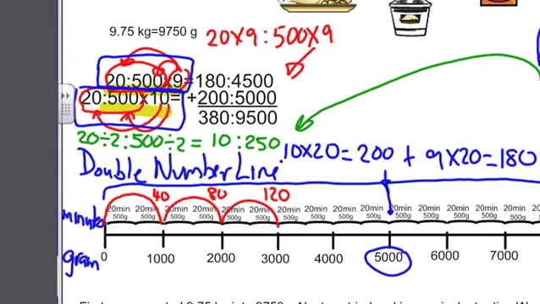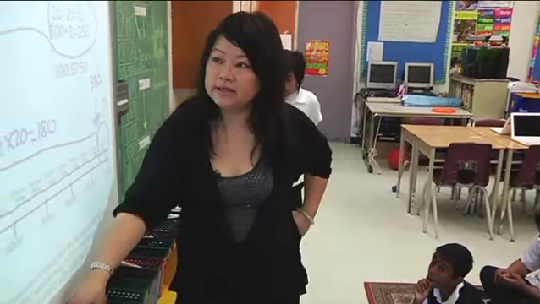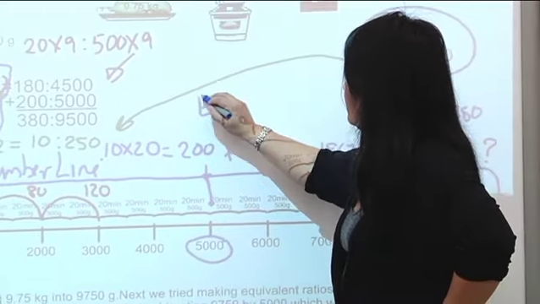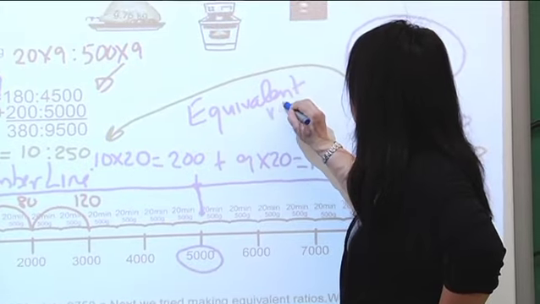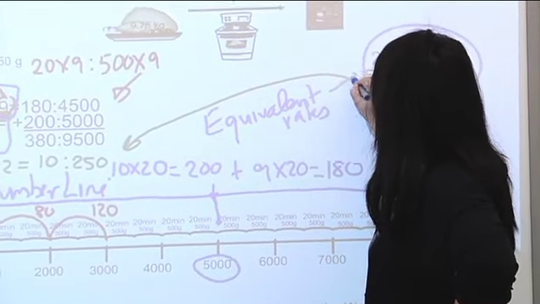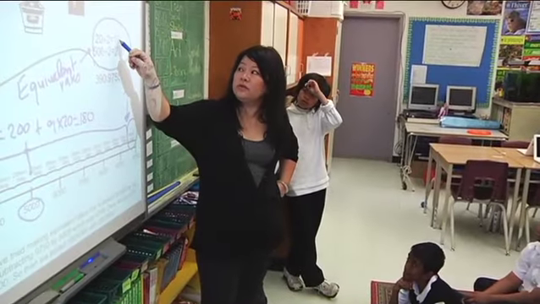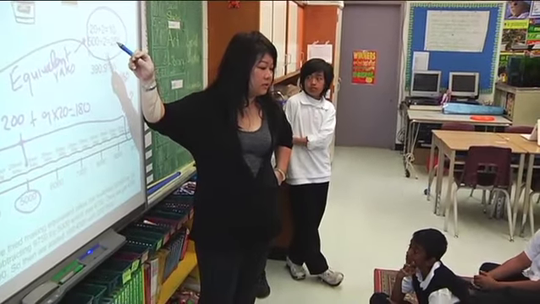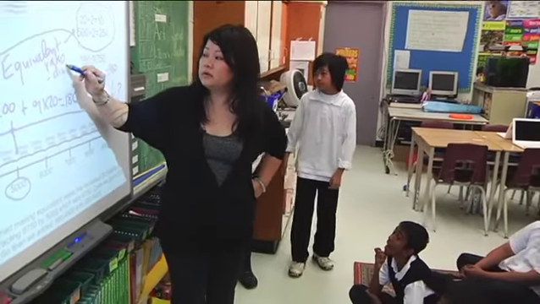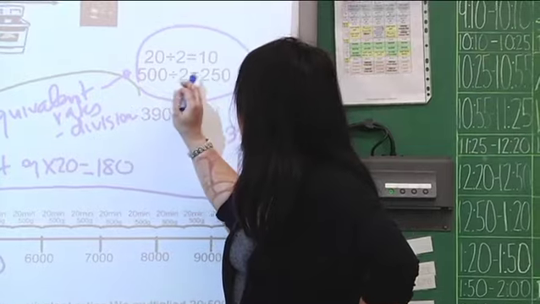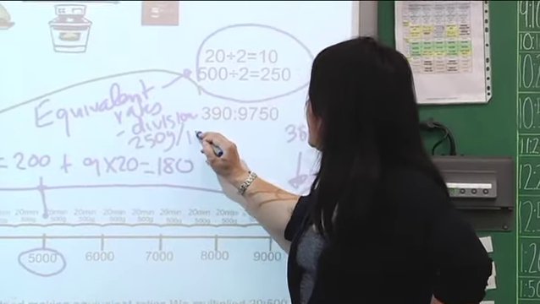and another 250. What this group did is they're actually making equivalent rates. These are all equivalent rates. So this is an equivalent rate, but what operation did they use to get equivalent rates of 10 to 250? Division, right? So they use division here to get them the rate of 250 grams in 10 minutes.